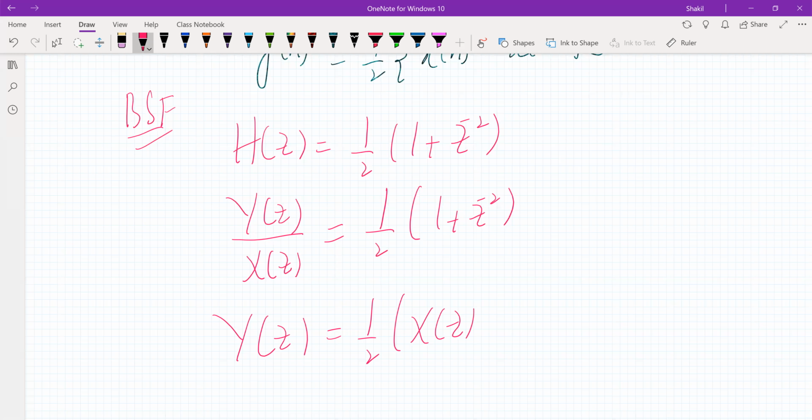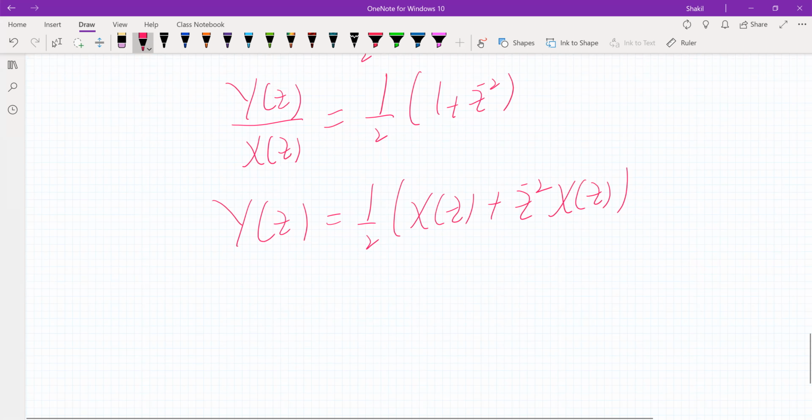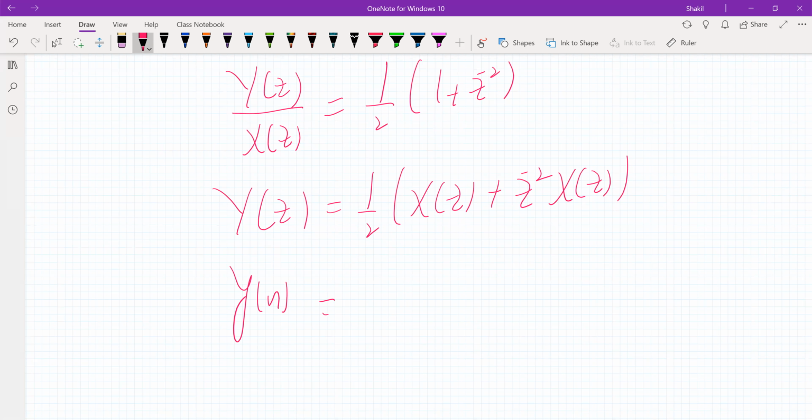We can write it like this. So we can obtain y of n from this by taking the inverse z transform, which will be 1 by 2 x of n plus x of n minus 2. Right? So these are the difference equations of these simple FIR filters.